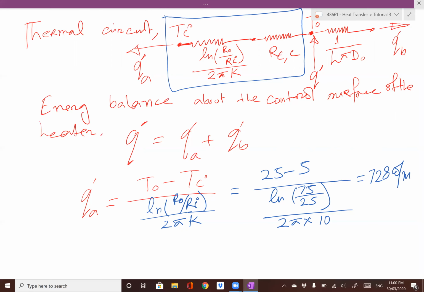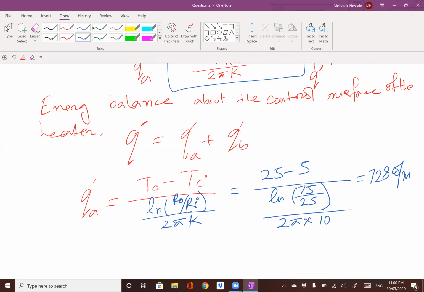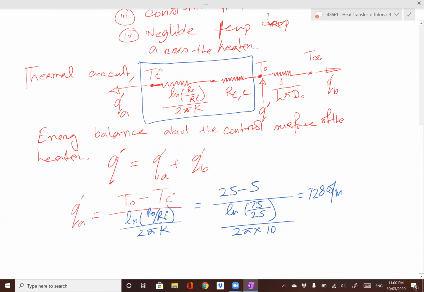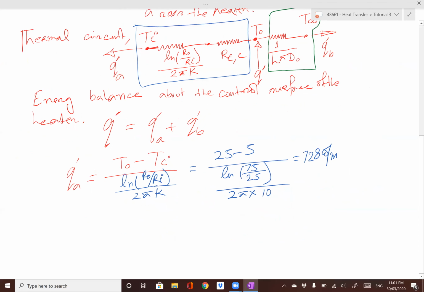Okay, now for the other direction, say for this area, related to this area, say Q towards the heater to the fluid direction will be the heater temperature minus the fluid temperature divided by total resistance for this portion of the circuit.